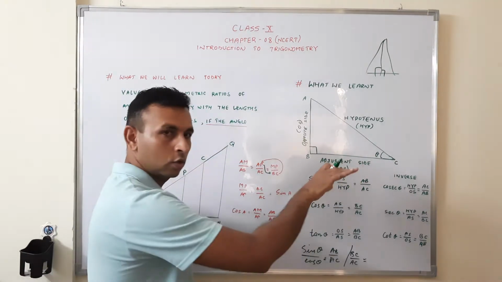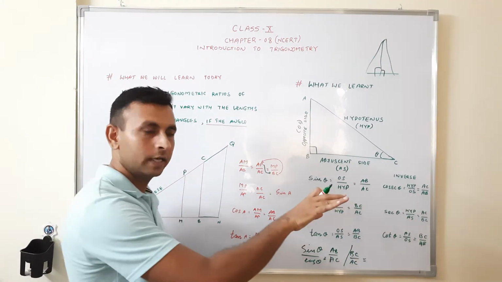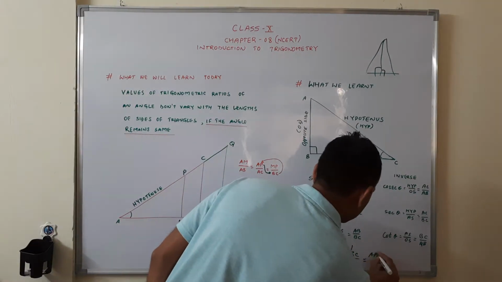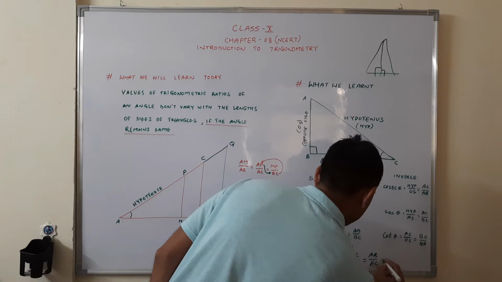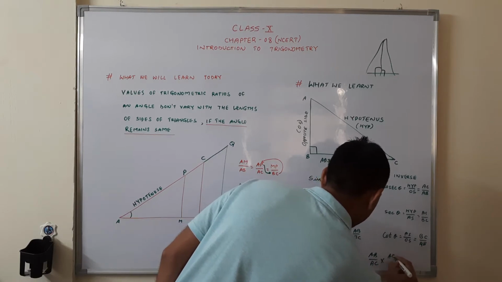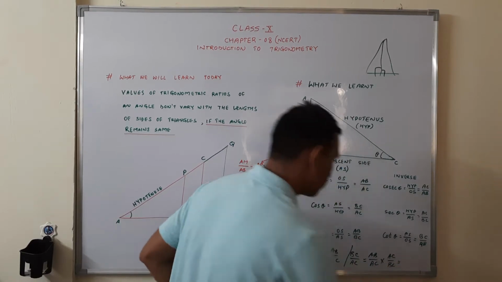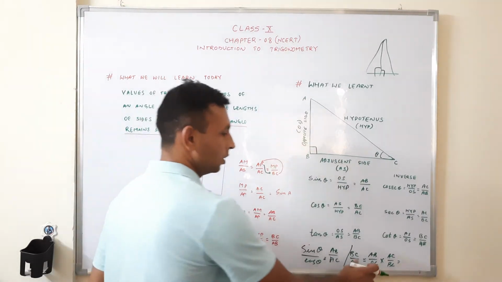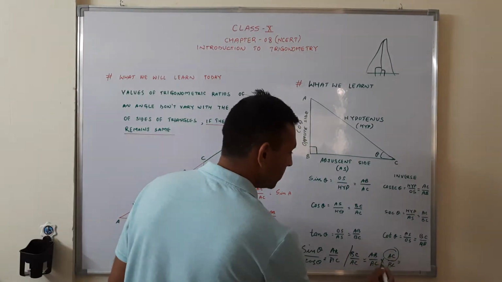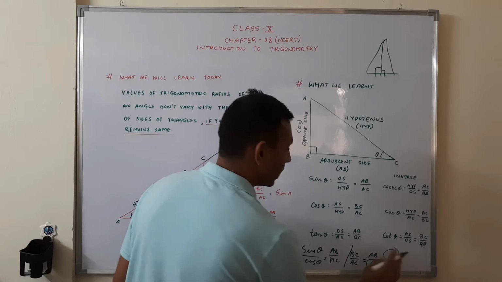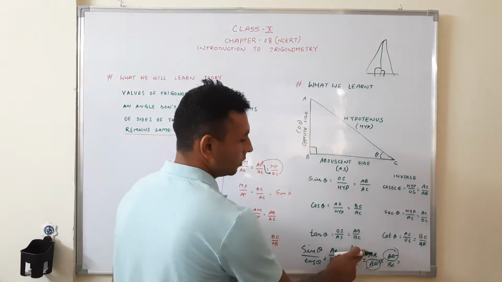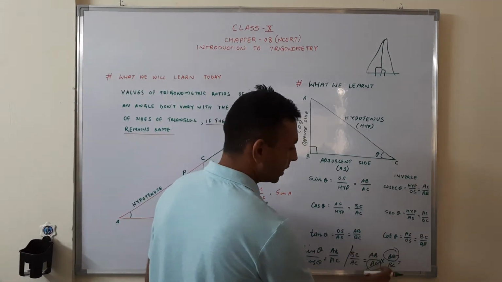When this denominator goes into the numerator, it gets inverted. So AB upon AC into AC upon BC. These two sides are equal, so I can cancel them off. AB will remain and BC will remain.